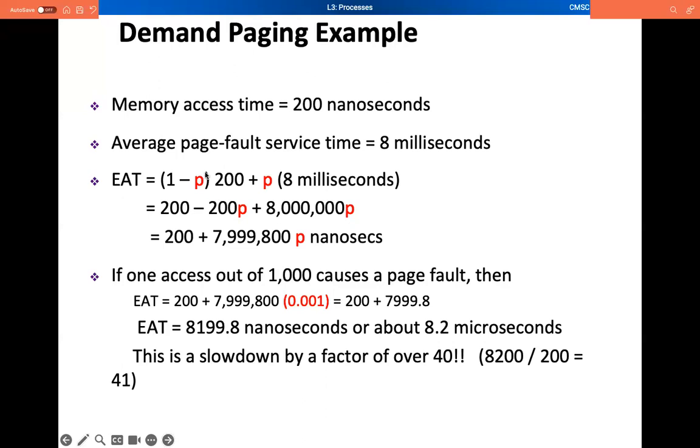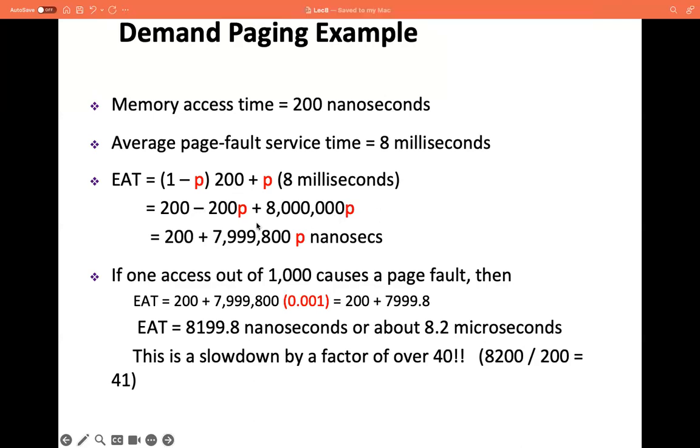So if we substitute that into our equation, that would be (1 minus P) times 200 plus P times 8 milliseconds. And if we simplify it further, this would be 200 minus 200P plus 8 million P, right?